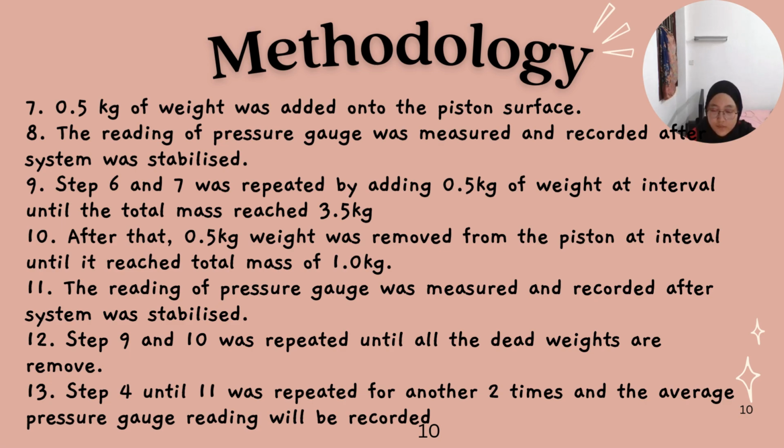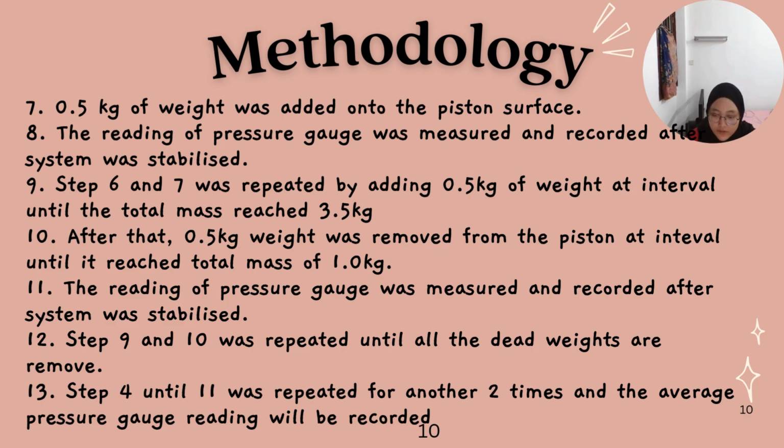Number 7, 0.5 kilogram of weight was added onto the piston surface. Number 8, the pressure gauge reading was measured and recorded after the system stabilized. Number 9, steps 6 and 7 were repeated by adding 0.5 kilogram of weight at intervals until the total mass reached 3.5 kilogram.